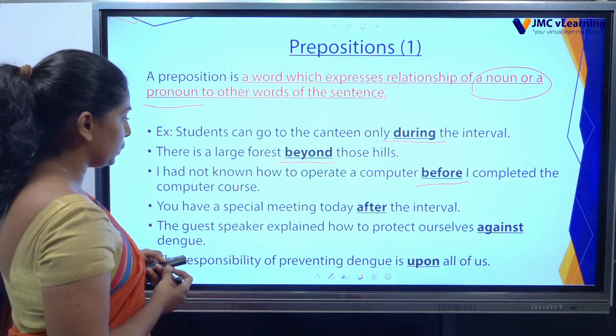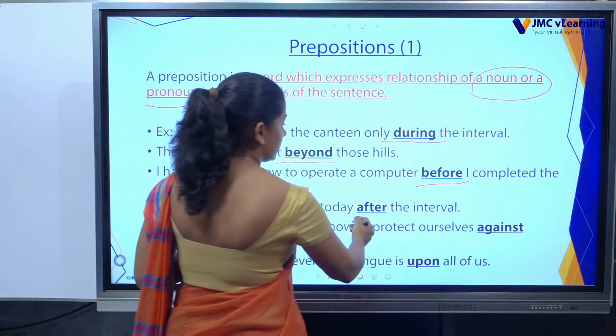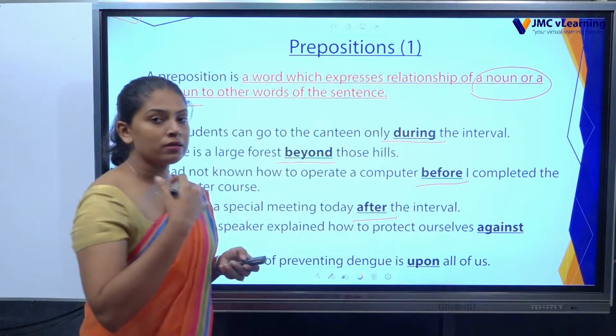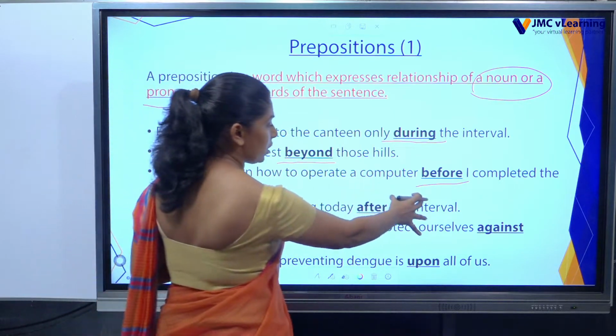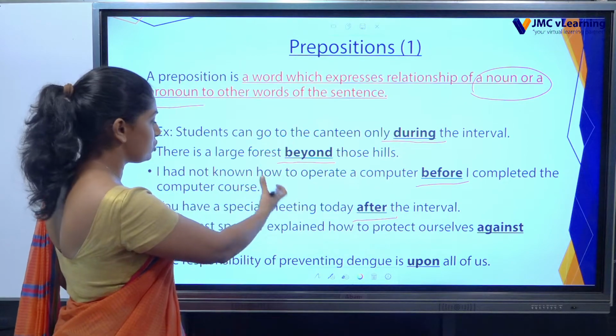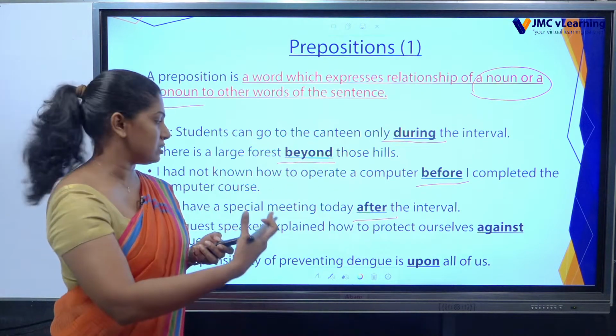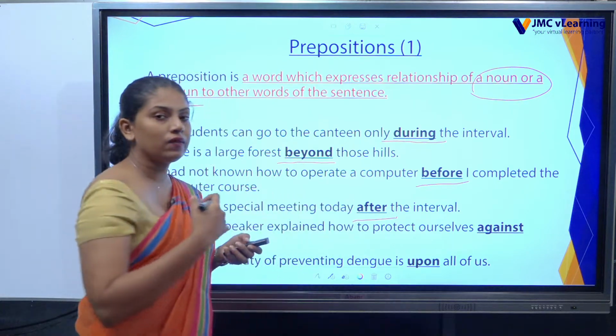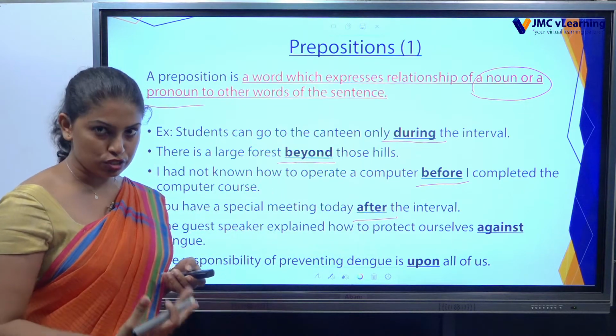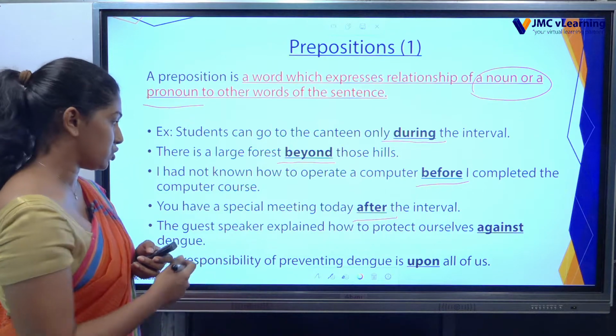You have a special meeting today after the interval. That means next to this action, what is happening? After that, after this incident. So after is giving the idea of what we are going to do next. So after is the preposition there.